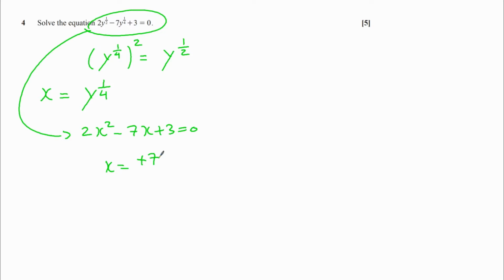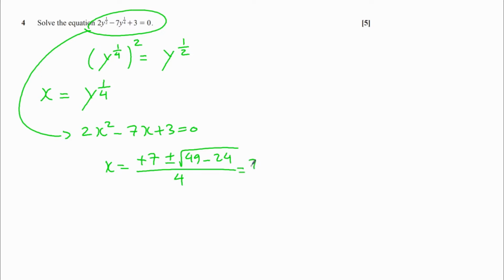So minus b would be 7 plus or minus the square root of b squared, which is 49, minus 4ac, minus 4 times 2 times 3. 2 times 3 is 6, times 4 is 24, so this would be 24, and divided by 2a, which would be 4.